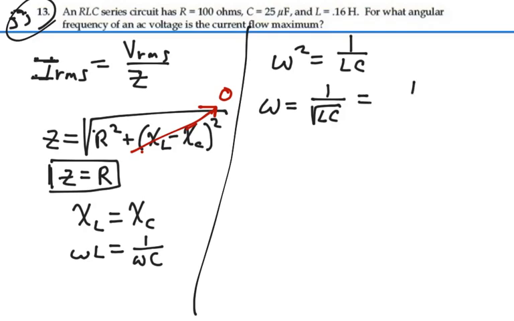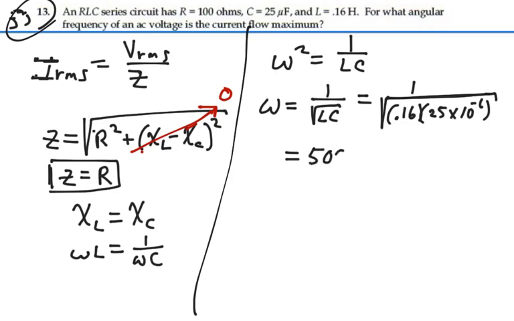So in this case, this is going to be 1 over the square root of L, which is 0.16 henries, times C, which is 25 microfarads. So if I do that, 0.16 times 25 microfarads, square root, inverse, I get 500 radians per second.